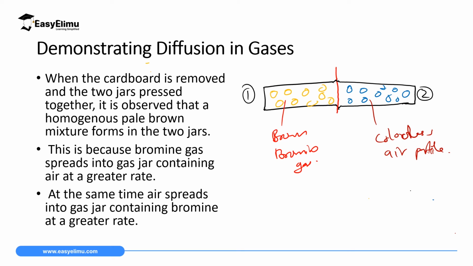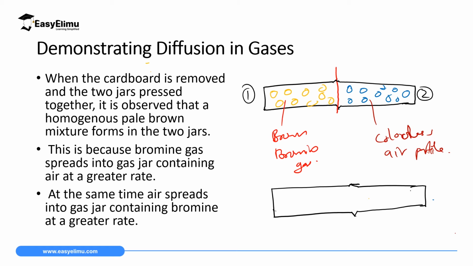And then now what you do, you just remove the cardboard slowly in such a way that the two gas jars remain in contact. Then what you will observe after some time is that you will realize that the brown color of the bromine gas inside will reduce in intensity.